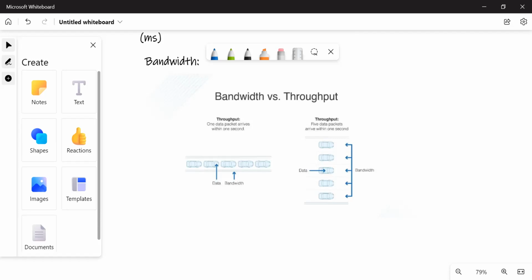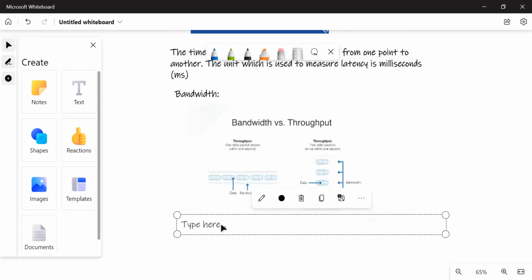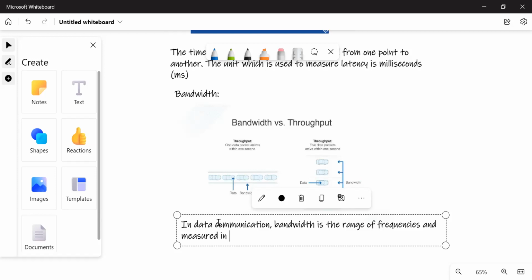Okay, so let's write down. Simply, we can say the idea of bandwidth is, in data communication, bandwidth is the range of frequencies and measured in hertz.